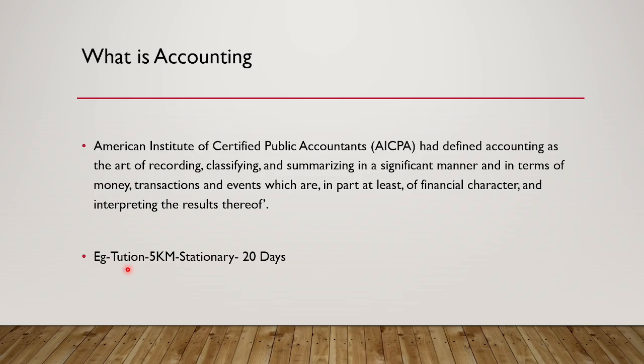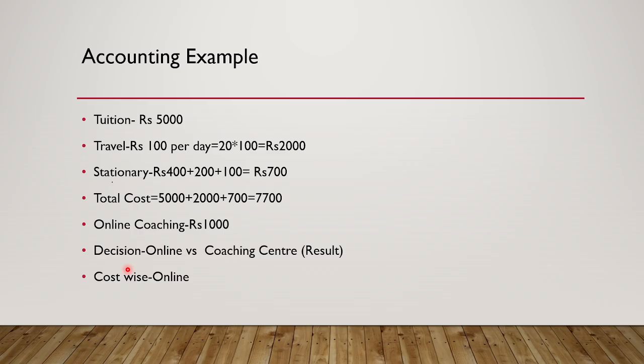So you go to the coaching center for 20 days, which is 5 kilometers far. First we'll see offline. Say that for that tuition you give 5,000 rupees monthly, to the person who is giving you coaching.